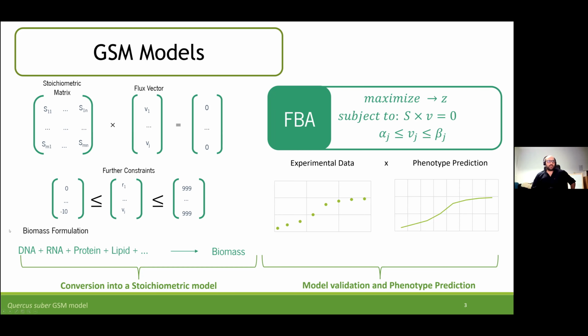And finally, we have to include a purpose for the cell, like formulating an equation that represents the biomass of the organism. So we usually like to create this reaction as a sum of macromolecules like DNA, RNA, protein, lipids, carbohydrates, and other cofactors.